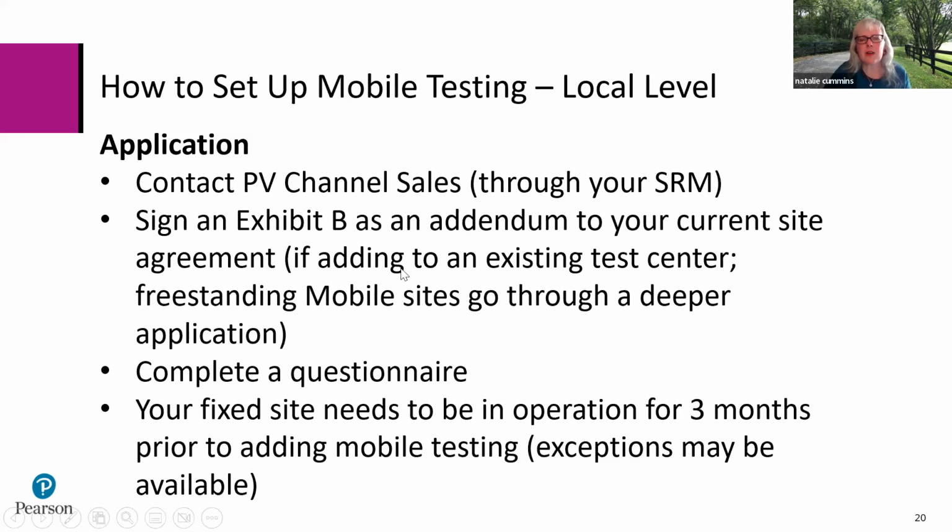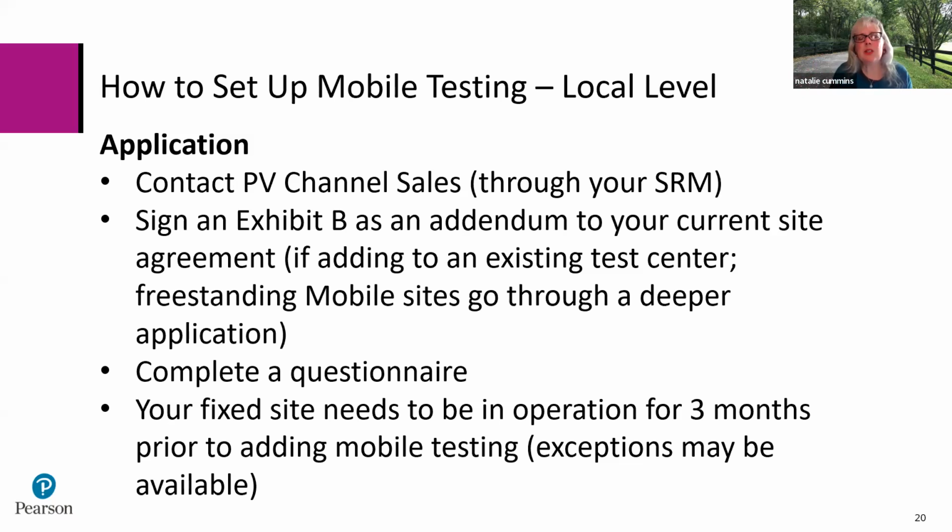If you have a current fixed site, so if you have a fixed testing center presently, then you will need to sign an Exhibit B, which is a one-page document that is an addendum to your current site agreement. And you're going to have to complete a questionnaire. If you are going to try to be a freestanding mobile site, first off, you will need an exception granted from GED testing service, but again, talk with your SRM and talk with me.